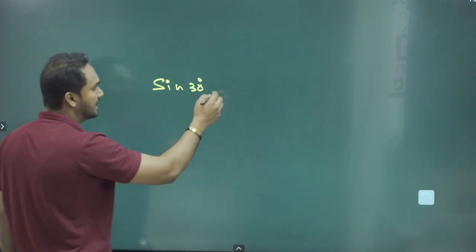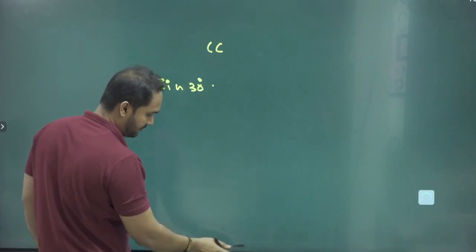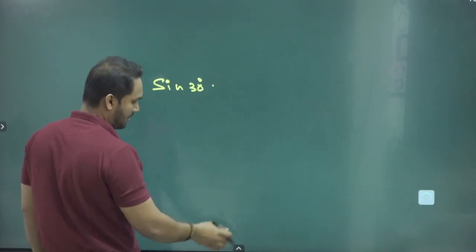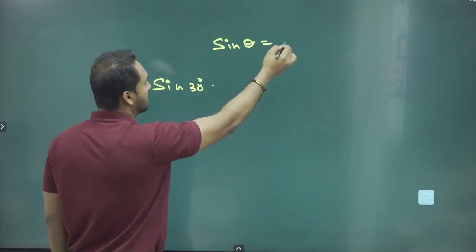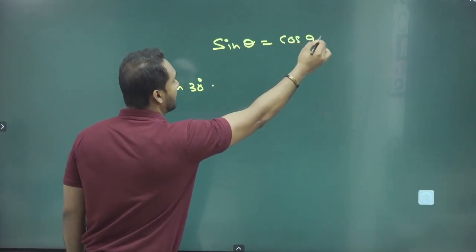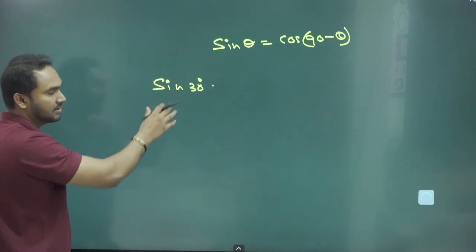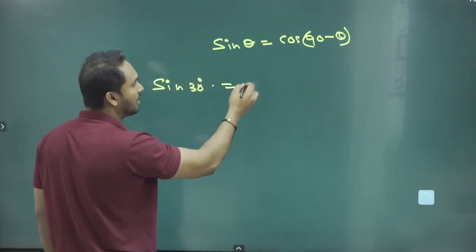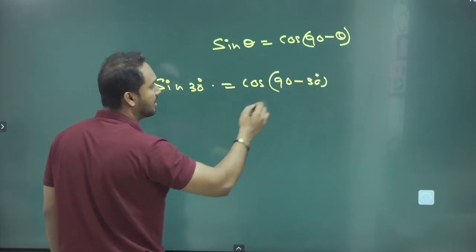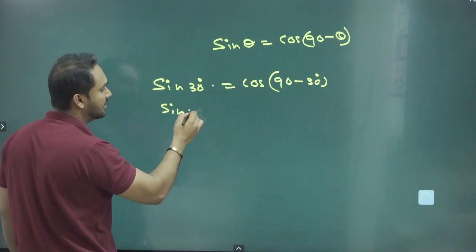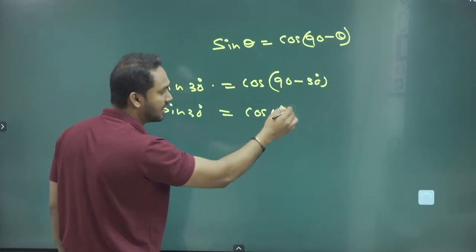So let's take it as the common formula, sine theta is equal to cos 90 minus theta, right? This is the formula. So if you are finding sine 30, that will be what? Cos 90 minus 30, isn't it? So how much is it? Sine 30 should be equal to cos 60, right?